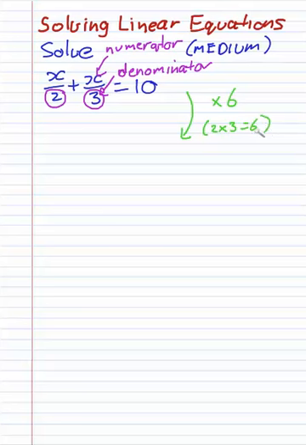So we're kind of putting both the steps down in one step. So what we're doing is 6 times x on 2 plus x on 3 is equal to 6 times 10.